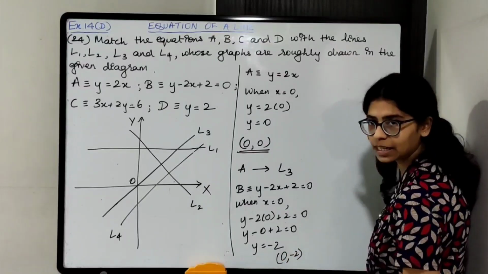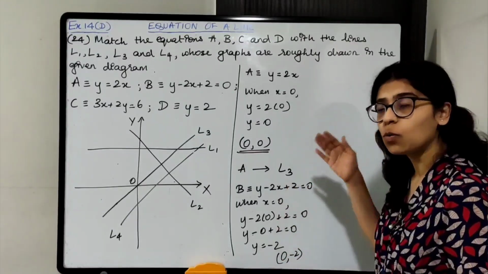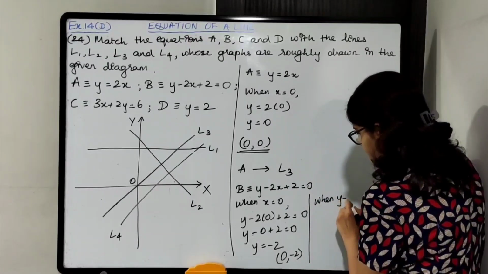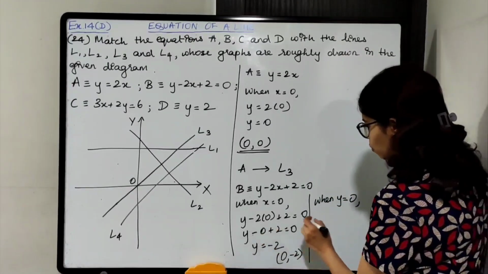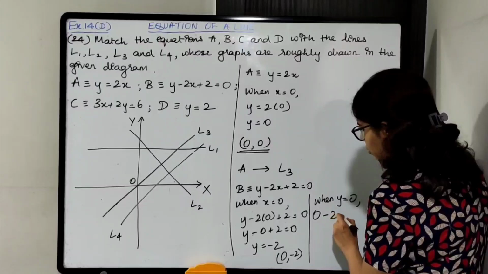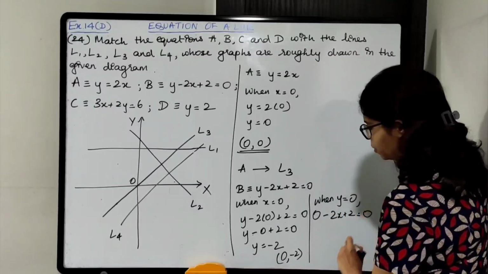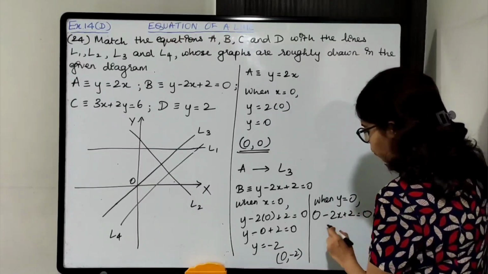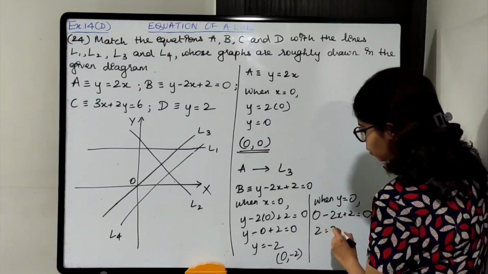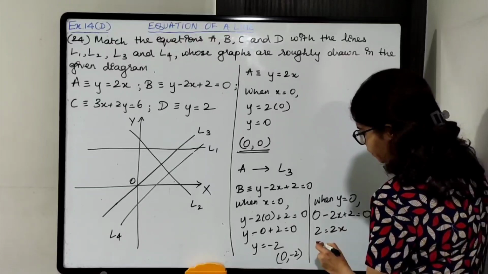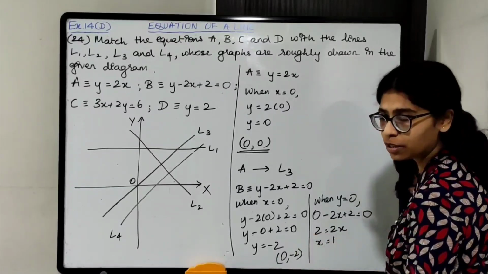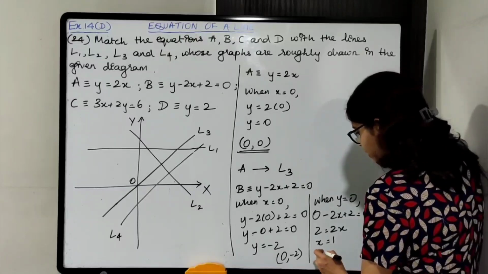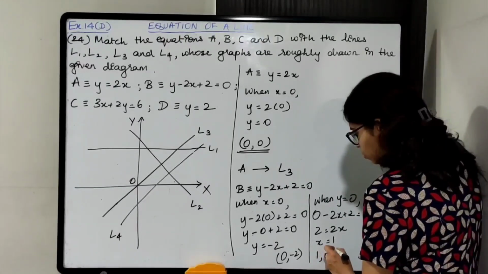And when you put y equal to 0, 0 minus 2x plus 2 is equal to 0. So I'll shift 2x over here, 2 is equal to 2x. Therefore x is equal to 1, 2/2 is 1. So we are getting x as 1, that is 1, 0.